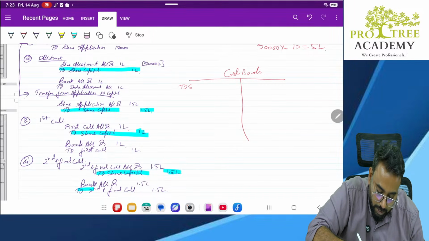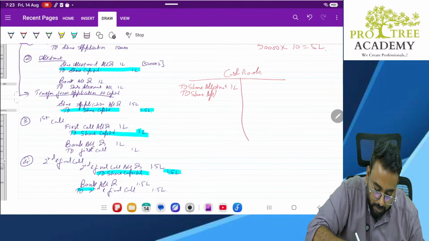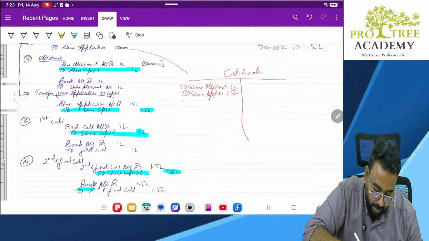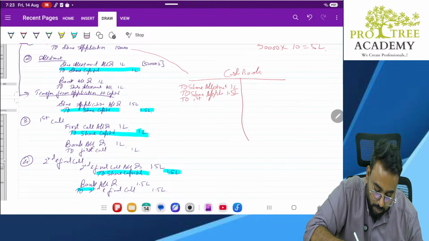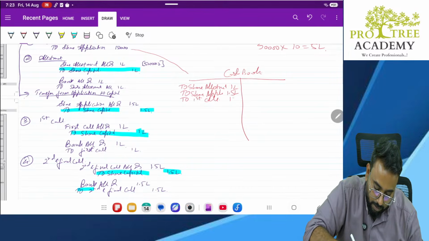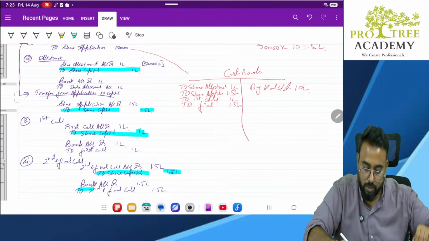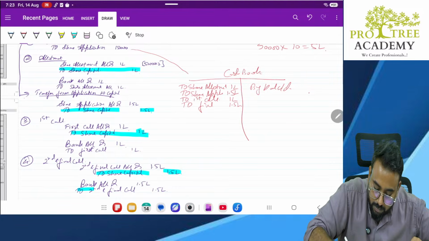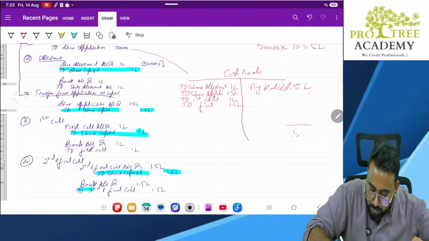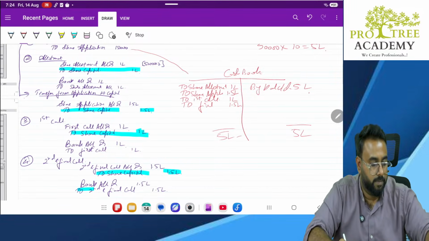To share allotment 1 lakh, to share application 1.5 lakh, then to first call 1 lakh, to final call 1.5 lakh, by balance carried down 5 lakhs. Sorry, 5 lakhs, not 10 lakhs. Done. That's it.